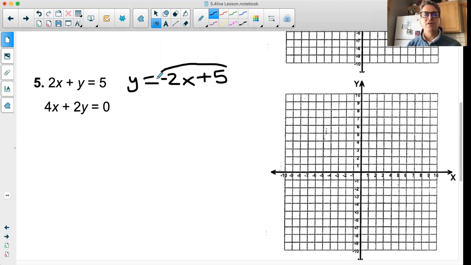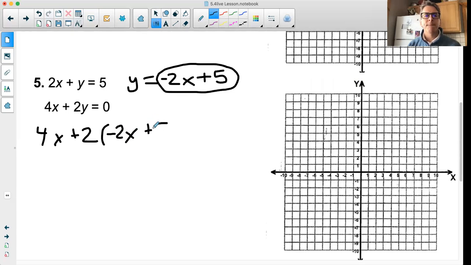Now what I have is y, which is -2x plus 5. So I can go down here, substitute this -2x plus 5 in for y and solve. 4x plus 2 times, now instead of y, I'm going to plug in my -2x plus 5. And that's equal to 0.